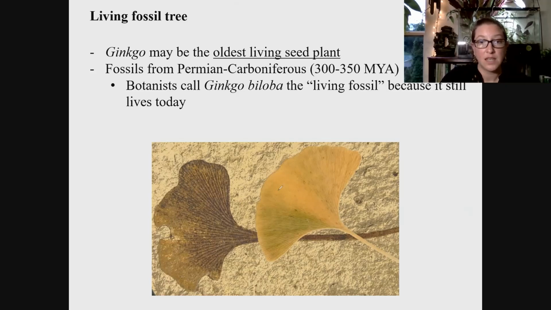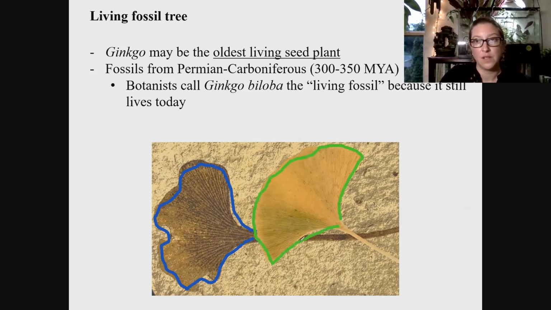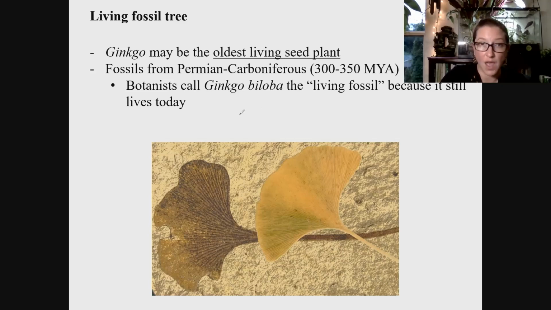This here is a fossil of a ginkgo leaf, and this is a modern day ginkgo leaf. They look very, very similar and have not changed much over those millions and millions of years. Because of that, botanists call the only species, Ginkgo biloba, a living fossil, because it still lives today and looks almost identical to how it looked 300 million years ago.